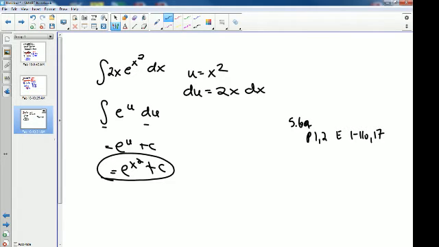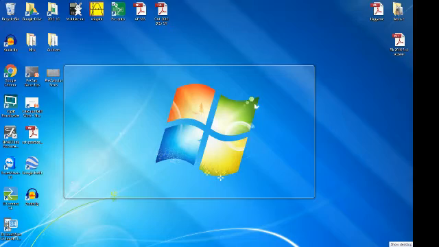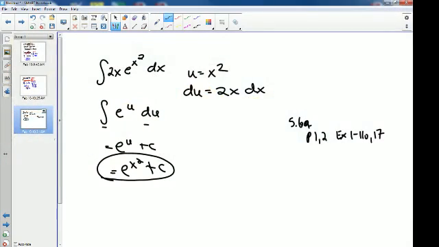That's 1 through 11 odd, along with number 17. Give it your best shot. Just follow that method. Something with a derivative. That's what you're looking for. Okay.